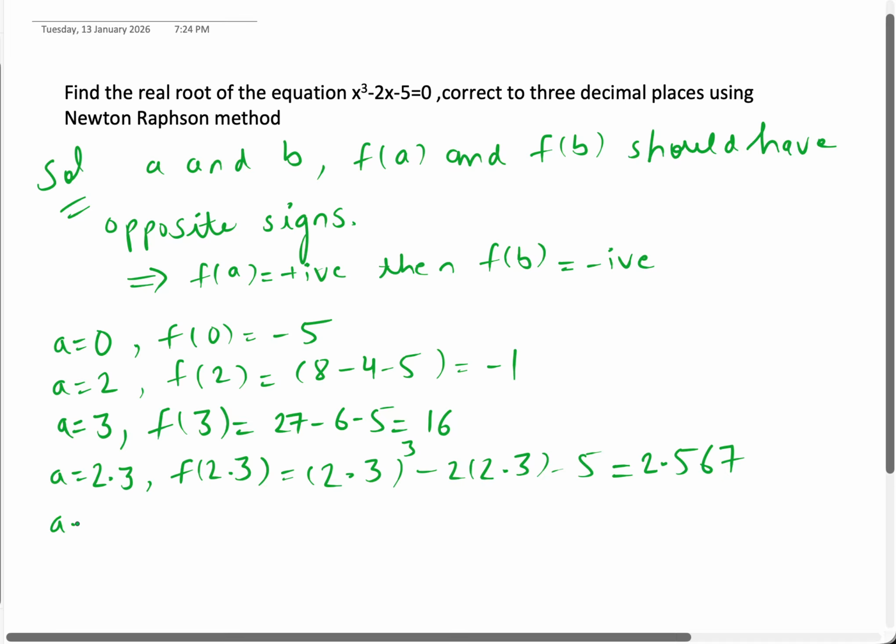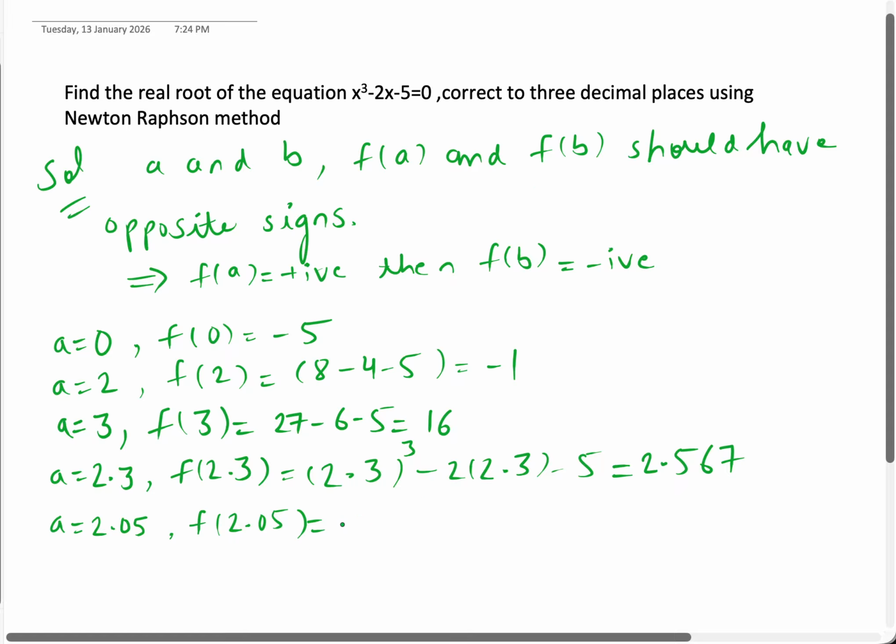Let me try with 2.05. So f of 2.05 will be 2.05 cubed minus 2 times 2.05 minus 5.